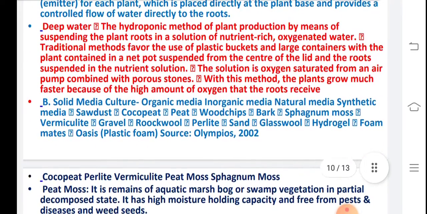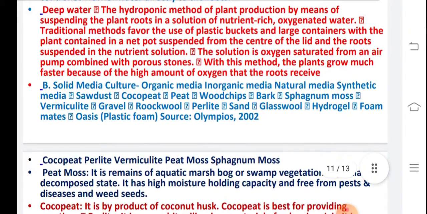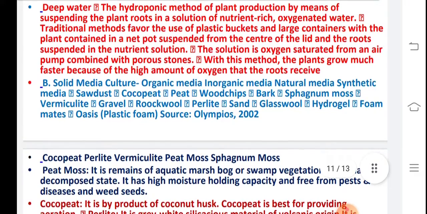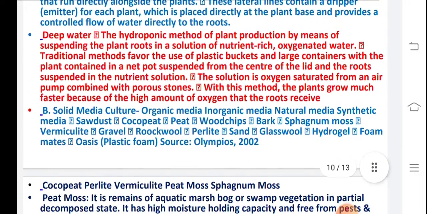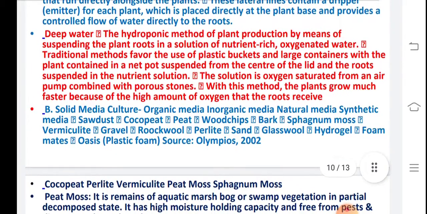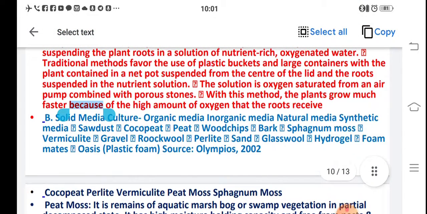Then in the solid media culture, organic media, inorganic media, natural media, synthetic media are all generally given as per the different soil media, such as coco peat, prepared from the coconut husk. Then peat is there; peat means only powder form.